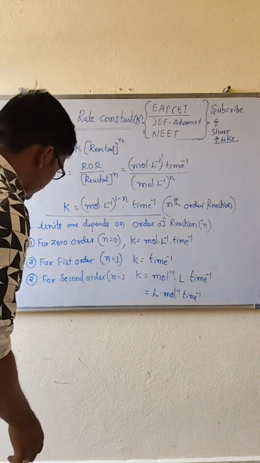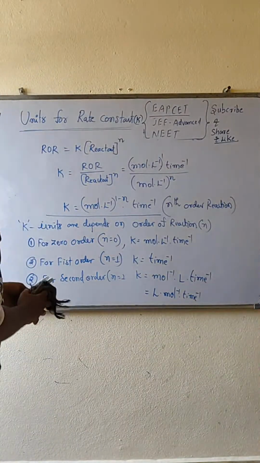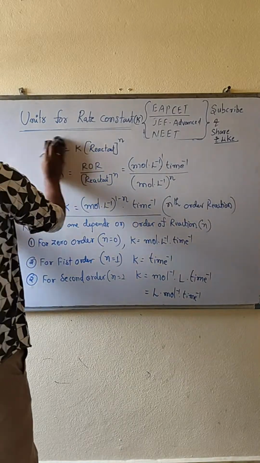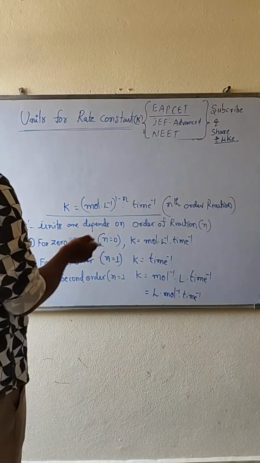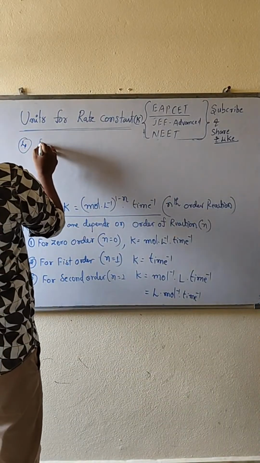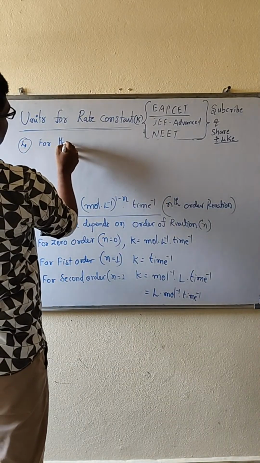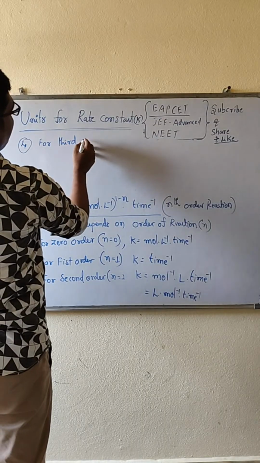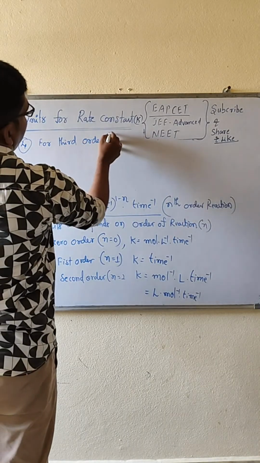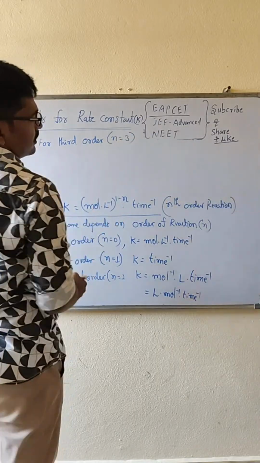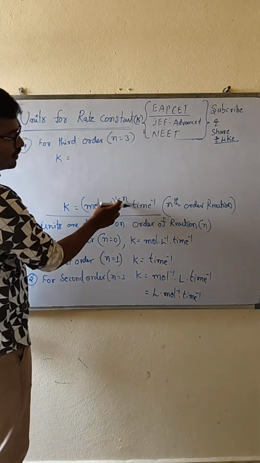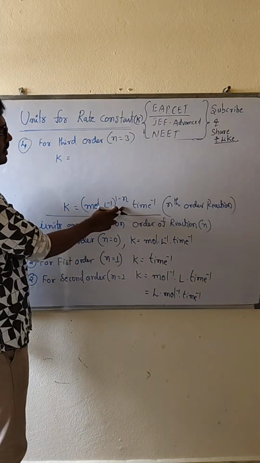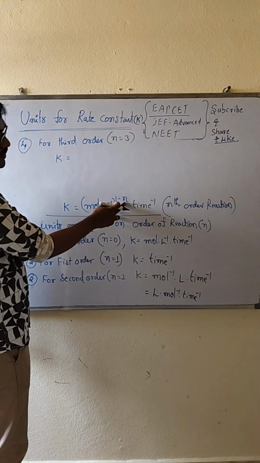Then in case of third order reaction, n equals 3. So rate constant k equals mole liter inverse to the power 1 minus 3, that is minus 2.